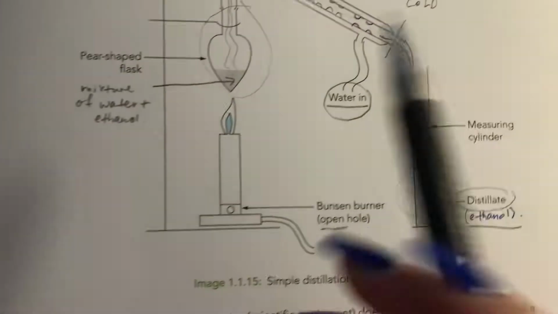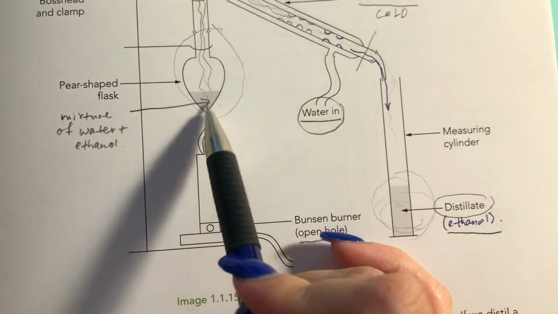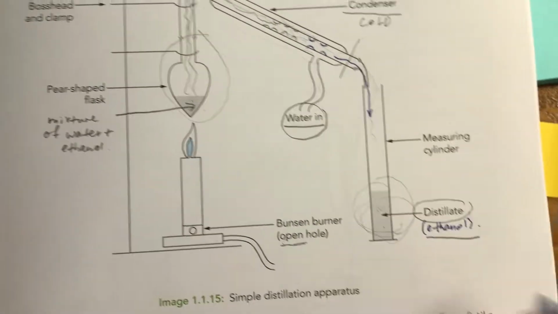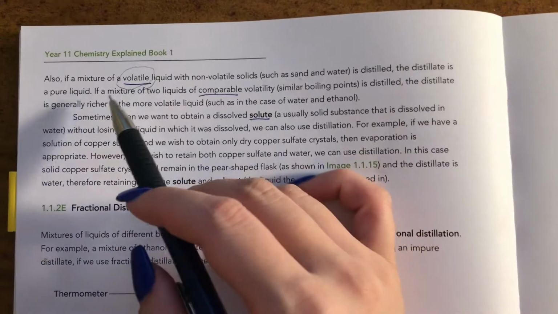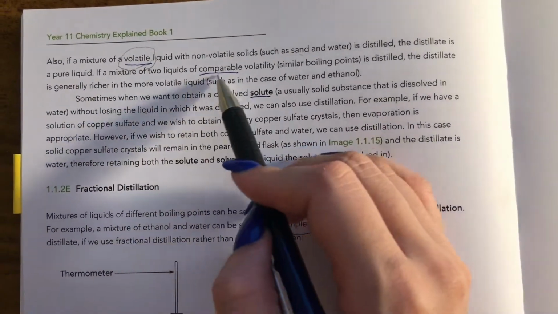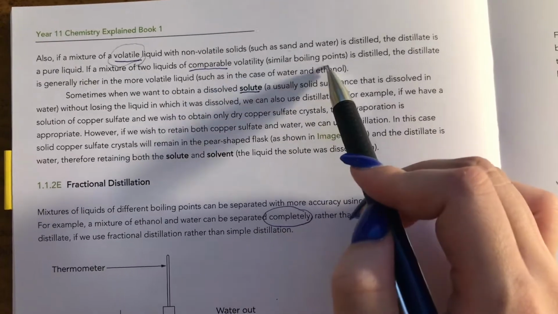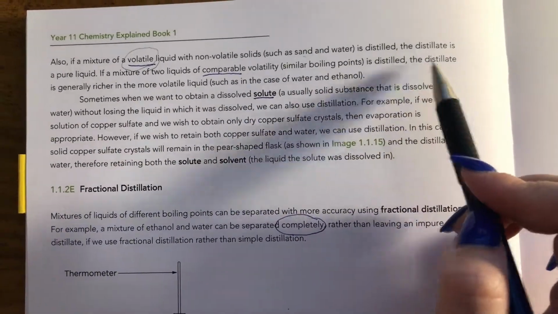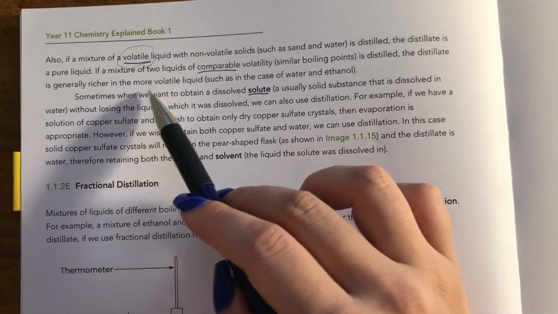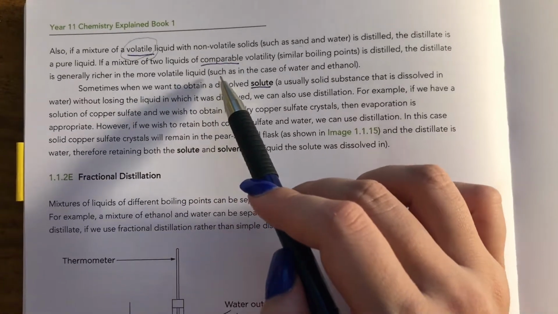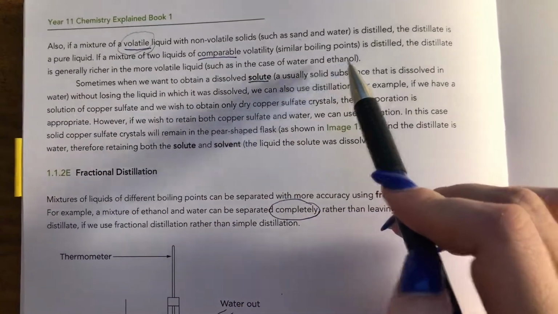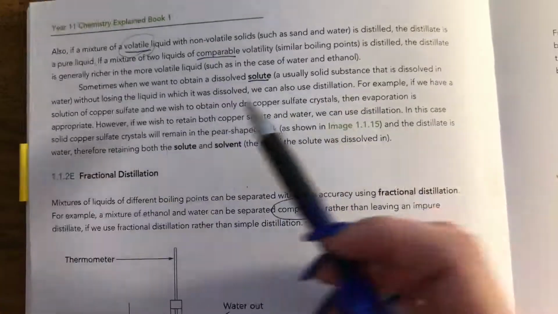It'll stay in here. You'll have sand here, water here. If a mixture of two liquids of comparable volatility, similar boiling points, is distilled, the distillate is generally richer in the more volatile liquid, such as in the case of water and ethanol, and we talked about that before.